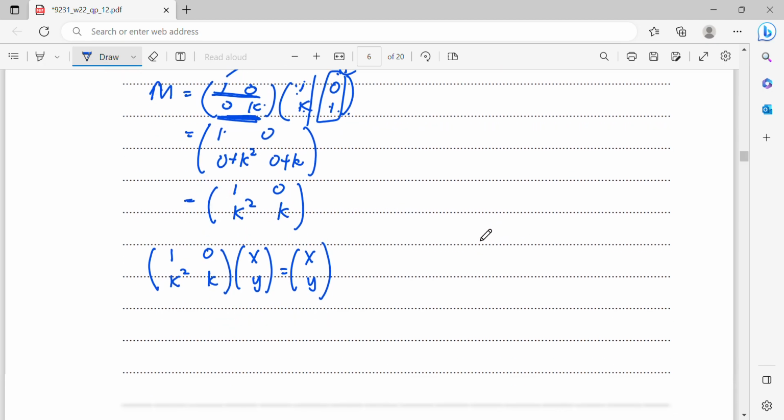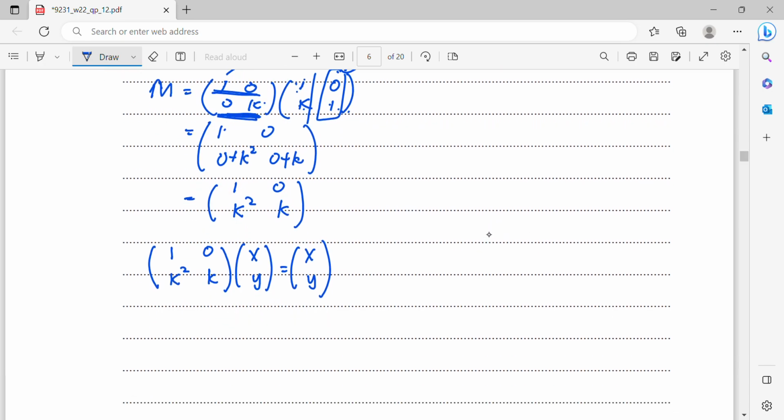Again, another multiplication, row times column. 1 times x plus 0 times y is x. Then k squared times x plus k times y, so k squared x plus ky, equals (x, y).